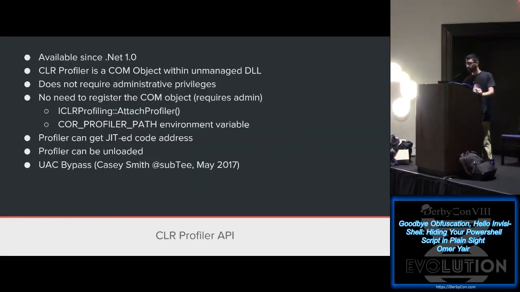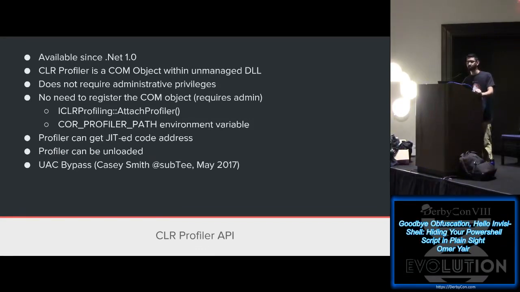So what is the CLR profiler? It's available from .NET 1, so you can use it on any .NET version, even on PowerShell 2.0 if you want. The CLR profiler is a COM object that you need to write, so it's an unmanaged DLL, and it cannot contact any managed code, because then the CLR will just lose its mind. You don't have to have administrative privileges to run the CLR profiler, and this is important for attackers.